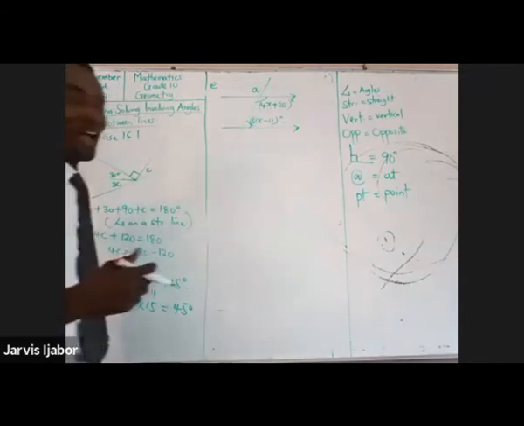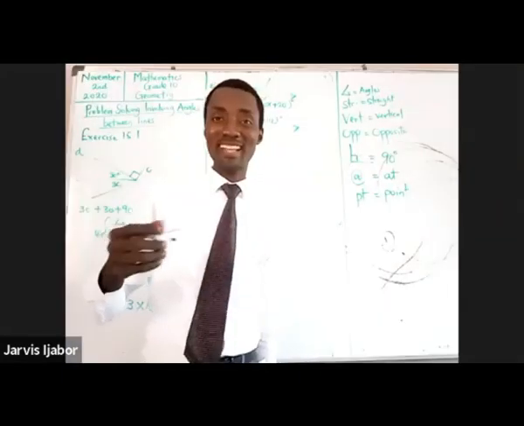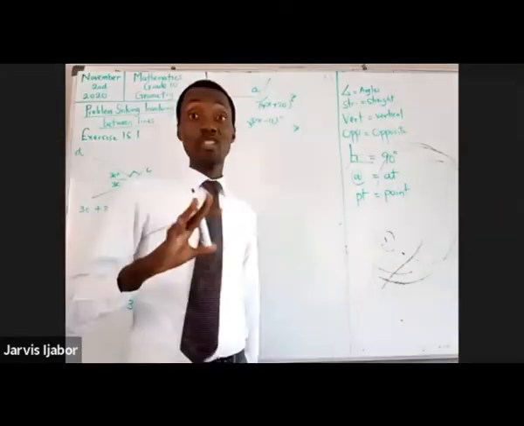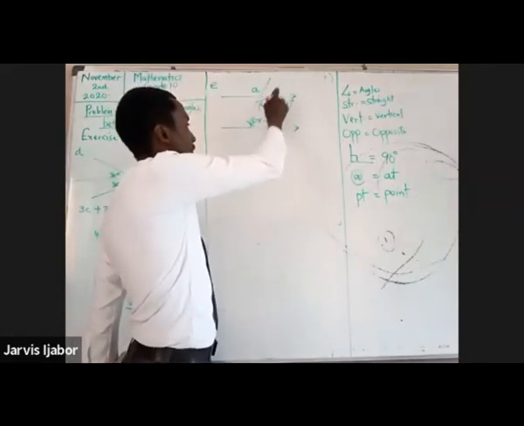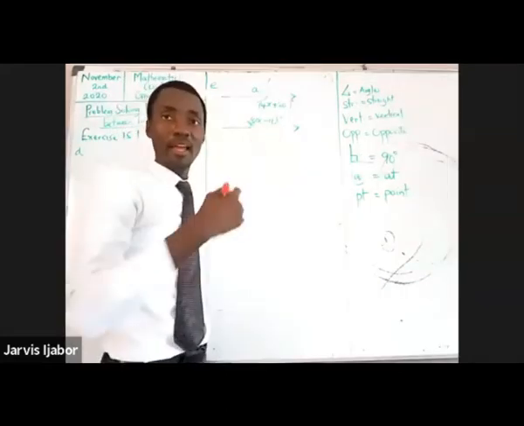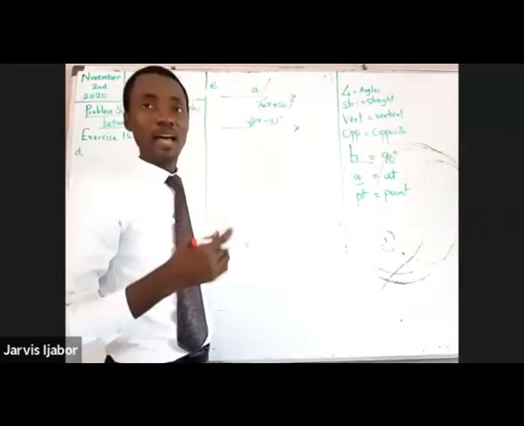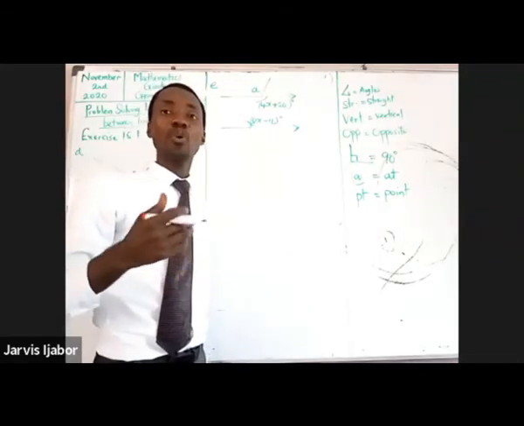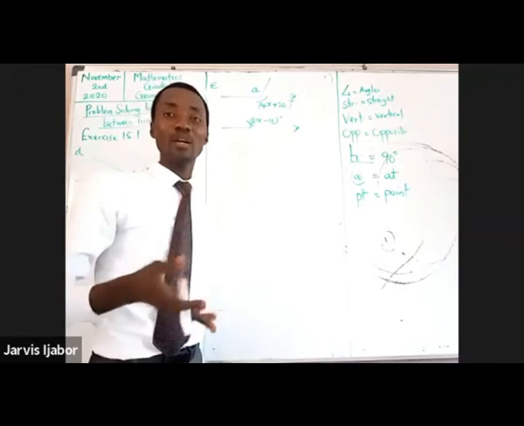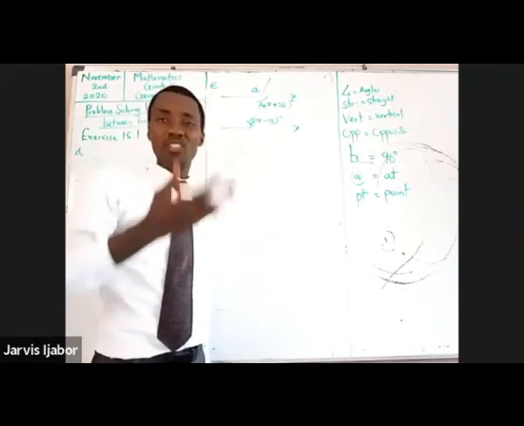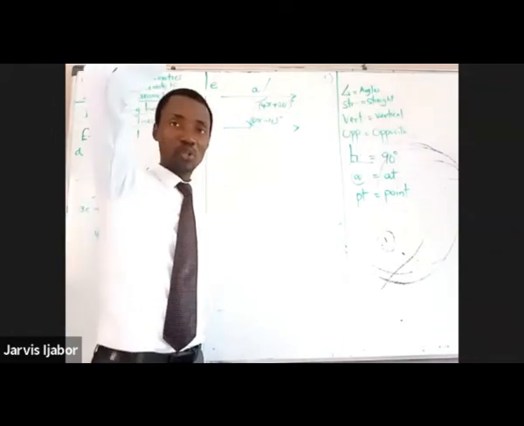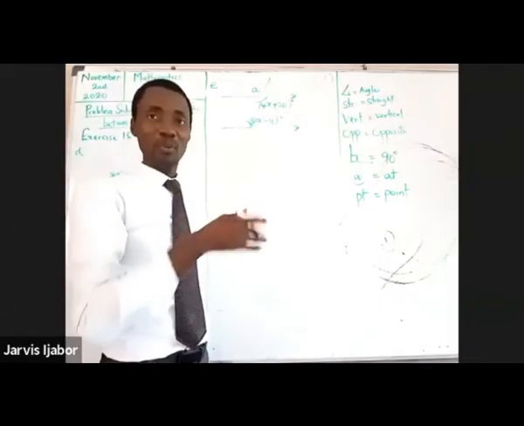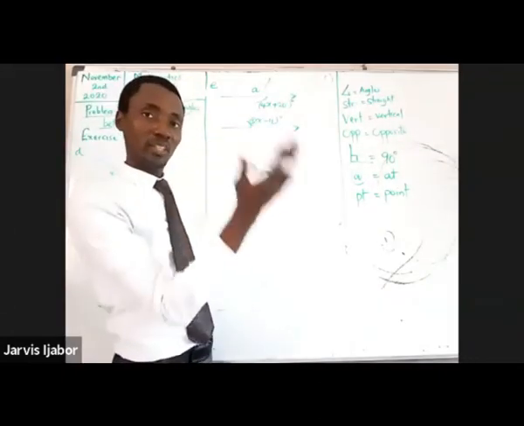There was a name I found a little difficult to pronounce when I started. If you watch carefully, when lines are parallel, the angles between parallel lines on the same side are said to sum up to 180 degrees. We call them allied angles or co-interior angles. One on top, one at the bottom, between parallel lines on the same side.